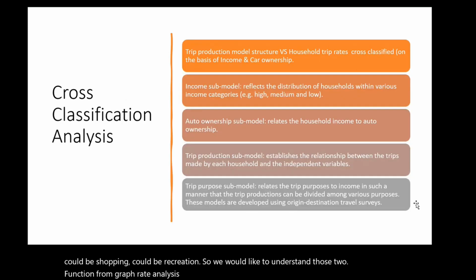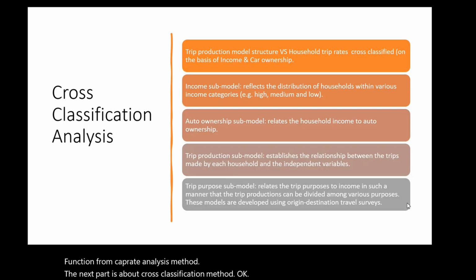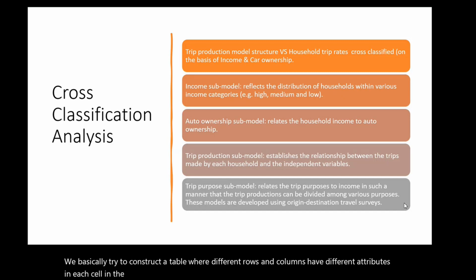The next part is about the cross classification method. In the cross classification model, we basically try to construct a table where different rows and columns have different attributes. Each cell in the table shows a predicted number of trips. As I already mentioned in slide number one, this is a travel demand prediction or forecasting model.